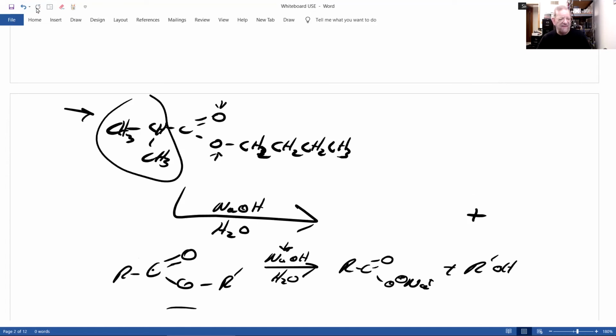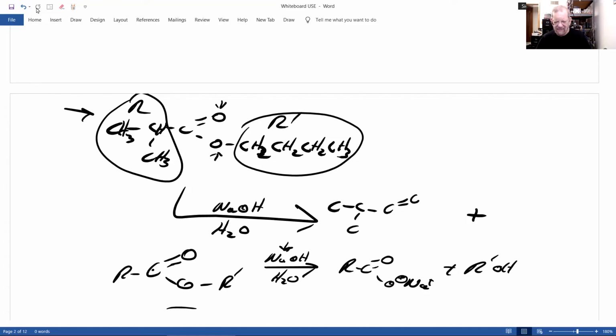What's R? Isopropyl. What's R prime? Propyl. And therefore, R group isopropyl, carbonyl, this carboxylate part of the carboxylate, there are 4 bonds to carbon, so I can put in the hydrogens. My R prime, the carbon with the oxygen here, is the carbon with the alcohol here. And therefore 3 carbons.